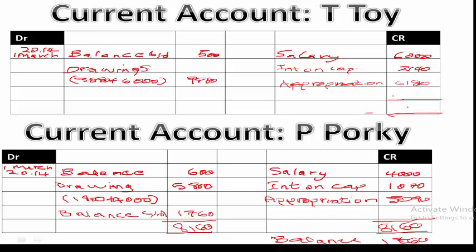So 6,000 plus 6,000 is 12,000. 12,180 plus 2,000 gives us 14,180. 14,180 plus 140 should give us something like 14,320.